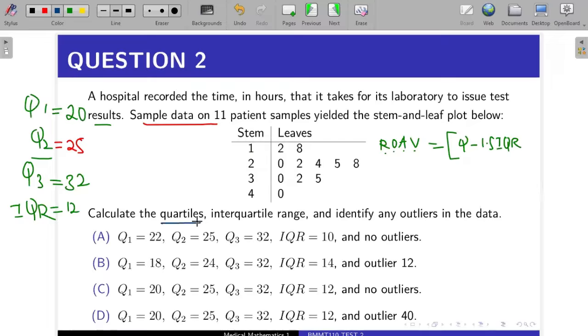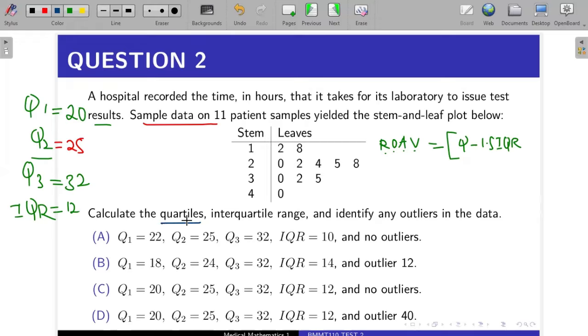So how do we find these quartiles? The quartiles are just Q1, Q2, and Q3. Of these three, the most common one is Q2, also known as the median. The median is just the middle value of the data.